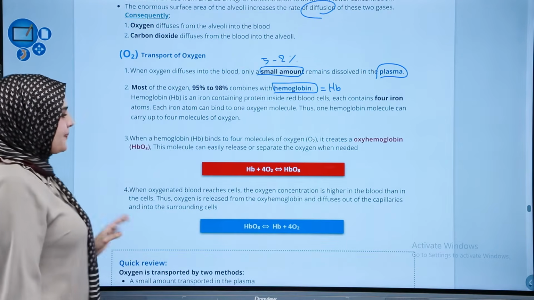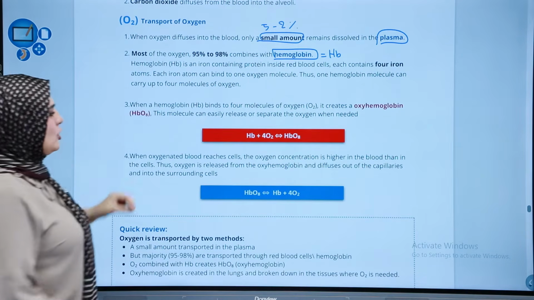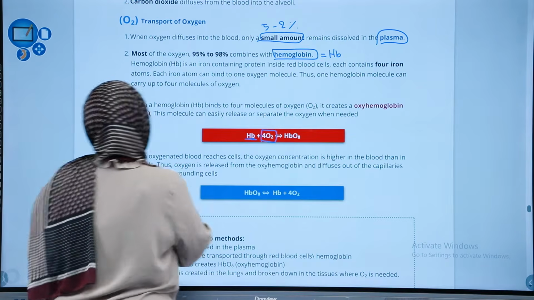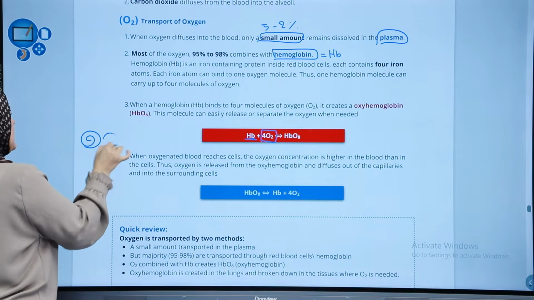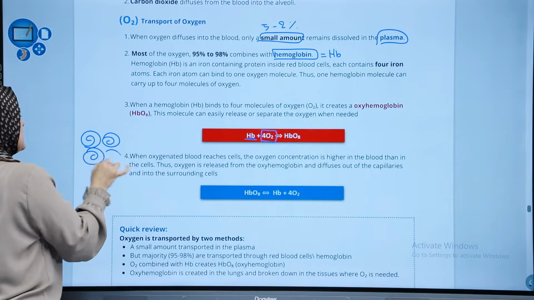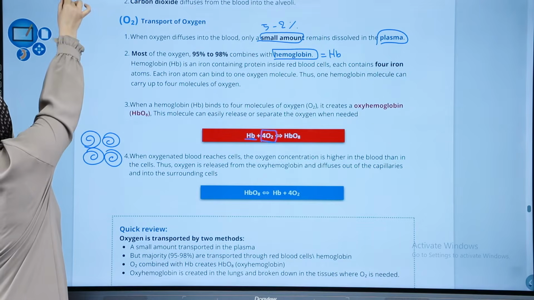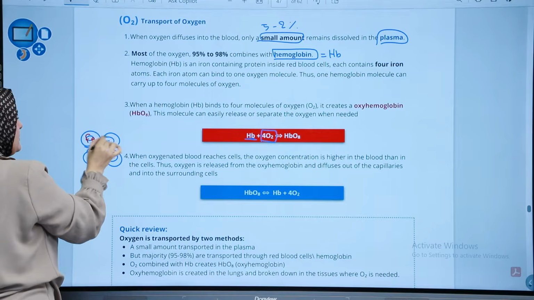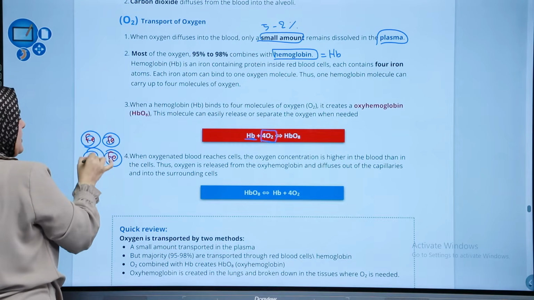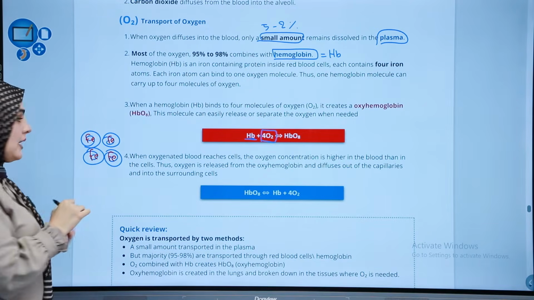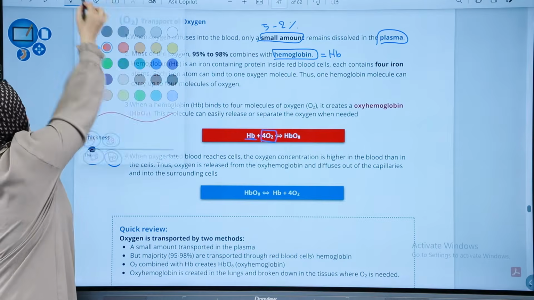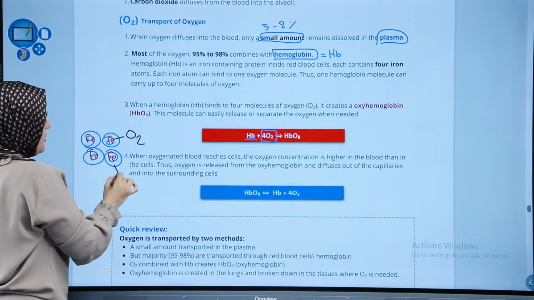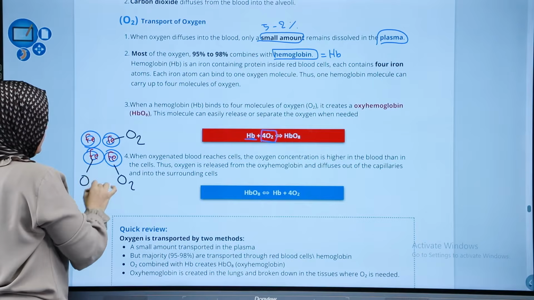Only this much. Remember, hemoglobin is going to grab onto the oxygen. If I remind you again, it is a globular protein which is made of 4 parts. Each part contains an iron. That iron is able to hold on to oxygen, one oxygen molecule each.